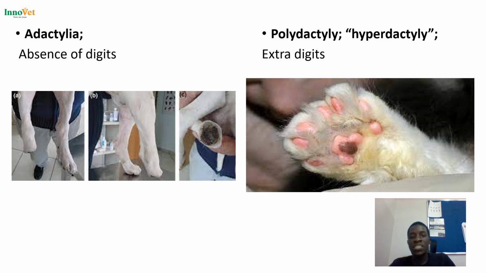And then polydactyly, which is also known as hyperdactyly, is whereby the animal has extra digits. So this animal here is meant to possess 5 digits, but we see that it has 1, 2, 3, 4, 5, 6 digits. So this is an anomaly where the animal will possess extra digits.